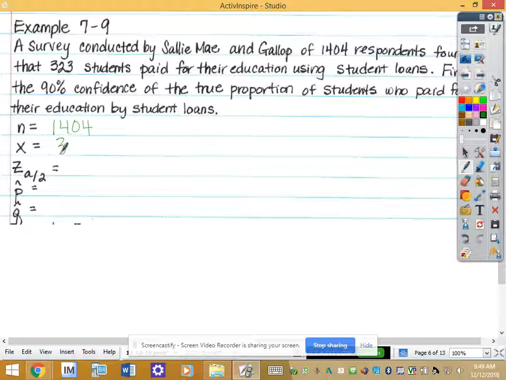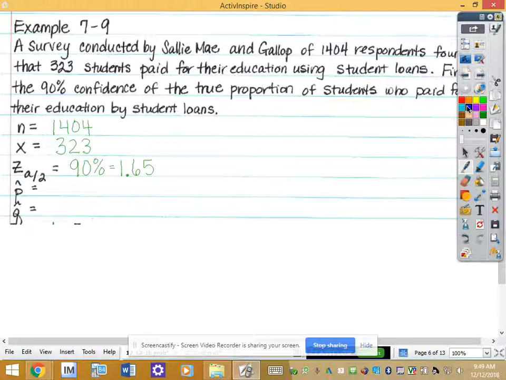So 323 is my X. Find the 90% confidence interval. So remember, for 90%, we have those 3 numbers that we're supposed to remember, and the number for 90% is 1.65. So we need the 90% confidence interval of those who paid for their education using student loans.